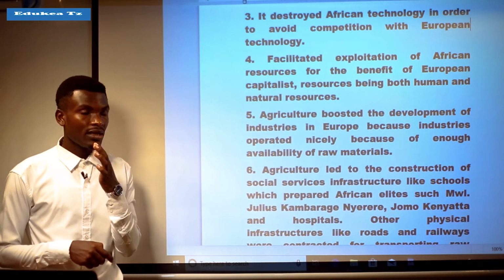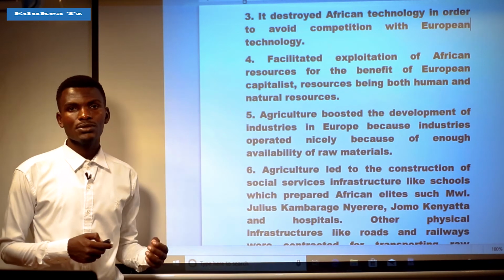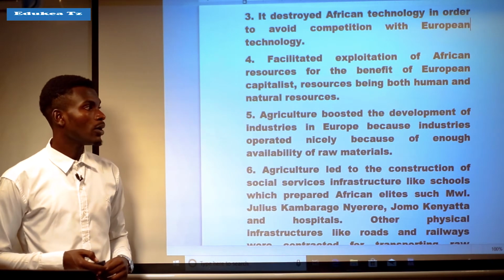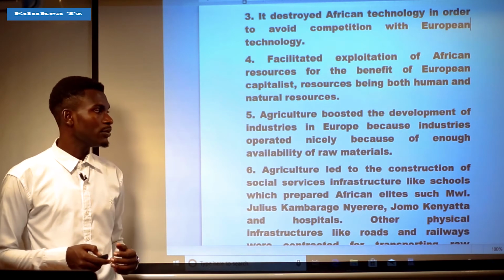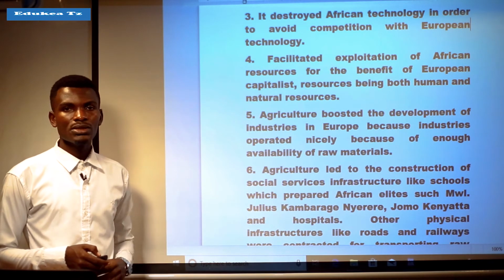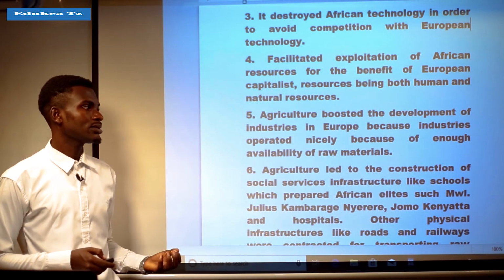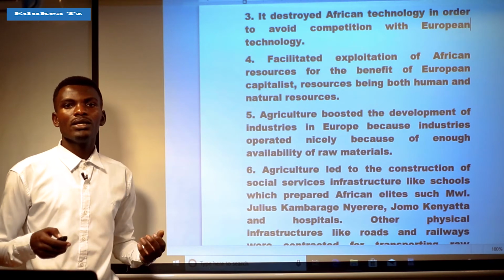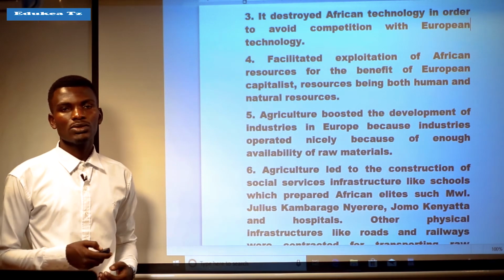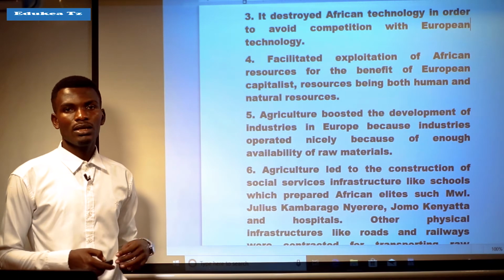To mean that the development of industries in Europe was witnessed because the industries operated to a large extent as there were enough raw materials needed in the industries.